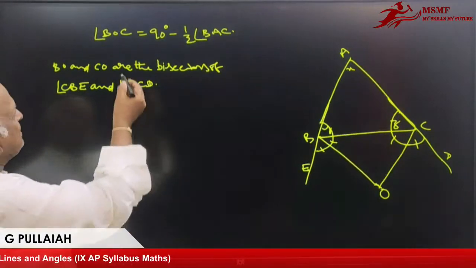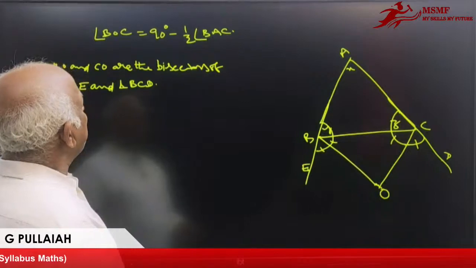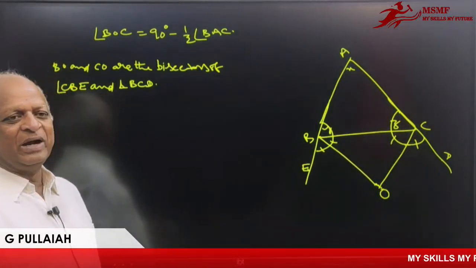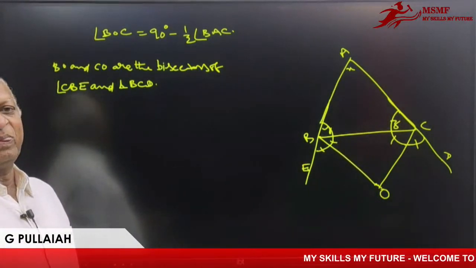Now we have to prove that angle BOC is 90 degrees minus half angle BAC.